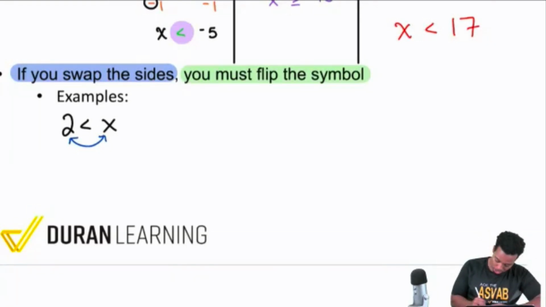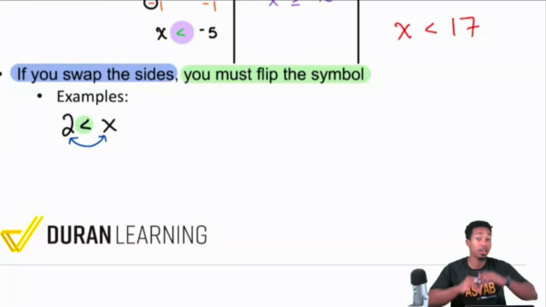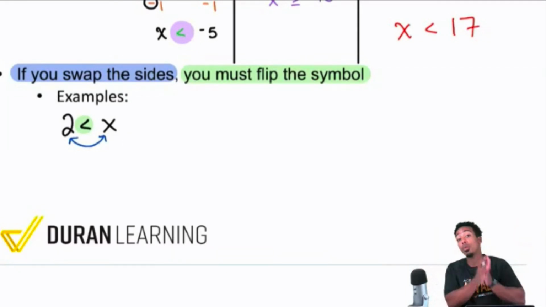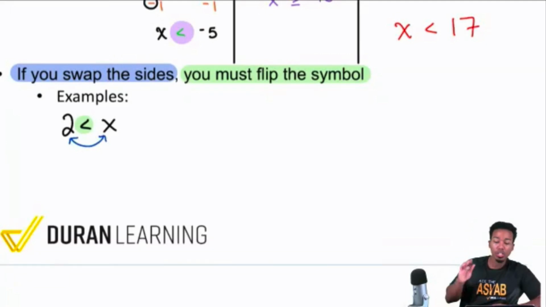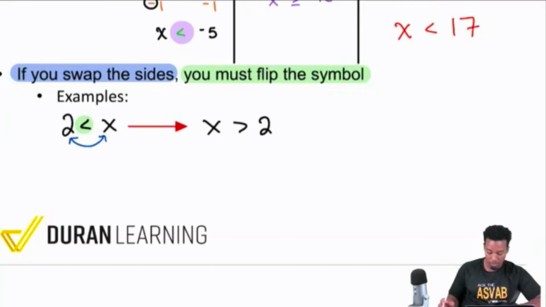If you want to have the X on the left side, or the Y or the M or whatever letter you're using, doesn't matter, all you need to do is swap them and flip the symbol. So this turns into this: X and 2, but instead of less than, it's going to be greater than.